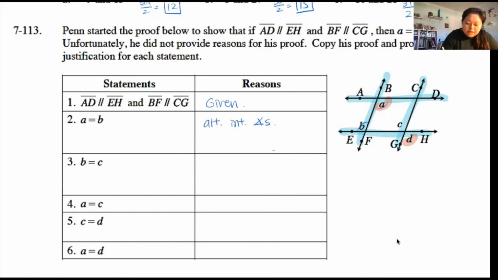Now, why is B congruent to C? These are corresponding angles. Now, why is A equal to C? Well, you look at your previous two statements. You have A equal to B, B equal to C. If A is equal to B and B is equal to C, can I just jump and say A equals C? I got rid of what I call the middleman. I don't need that B to repeat itself.